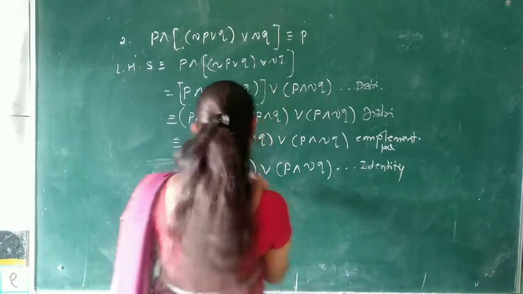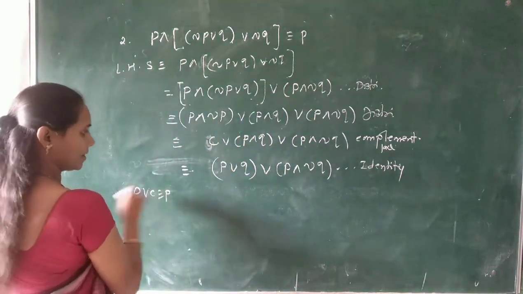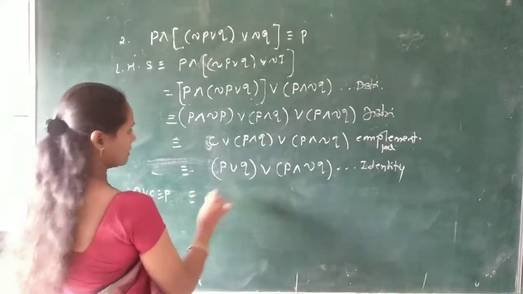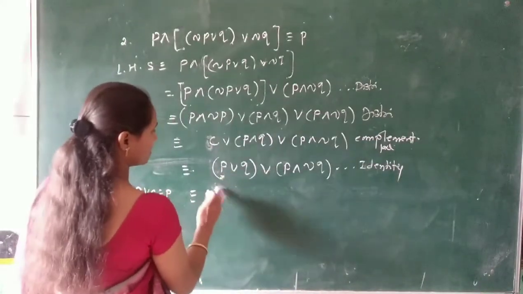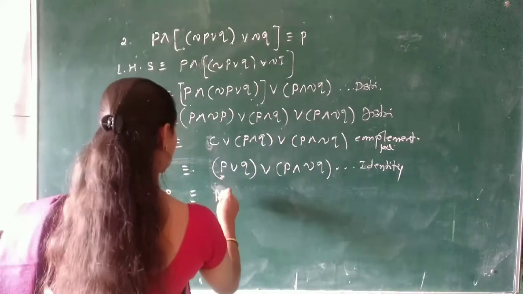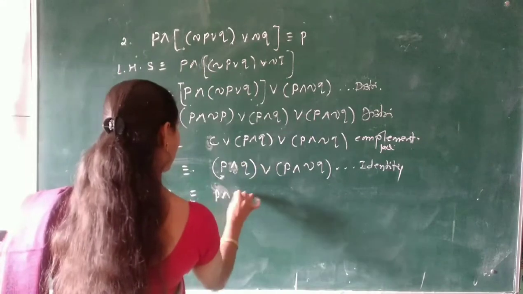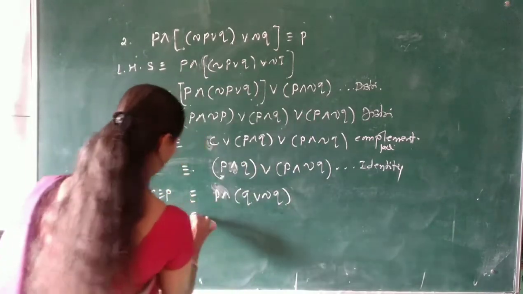Which law here we used? Identity law, that is P or C which is equal to P. Now again we distribute this term: P or (P and (Q or ¬Q)).